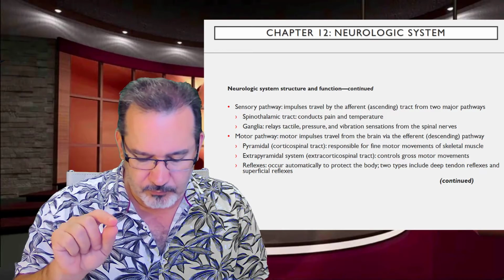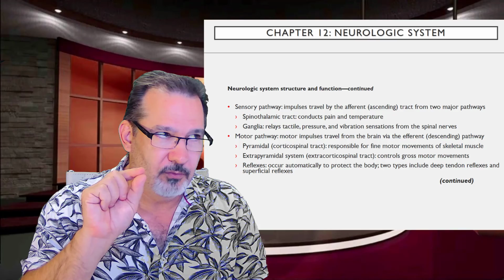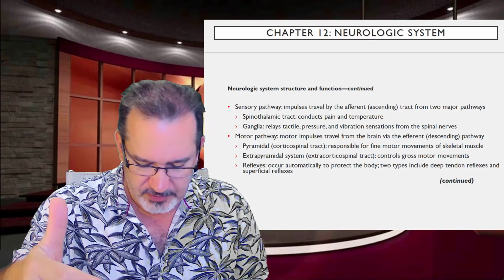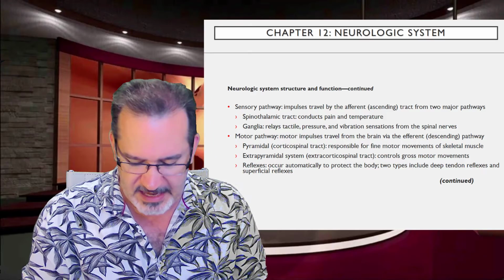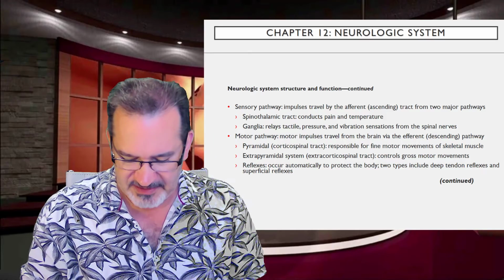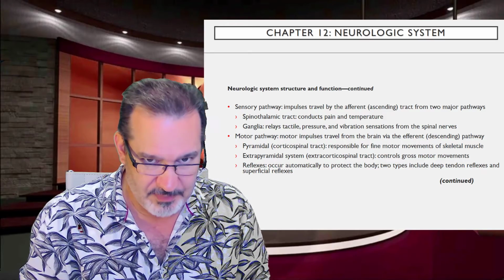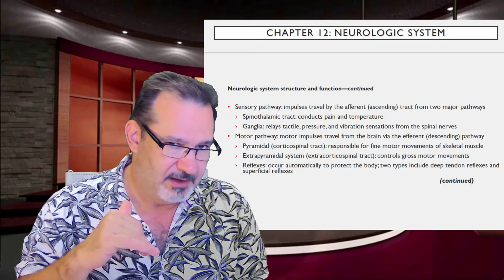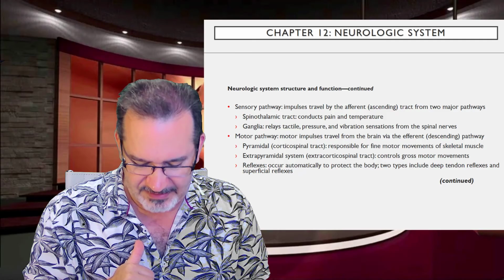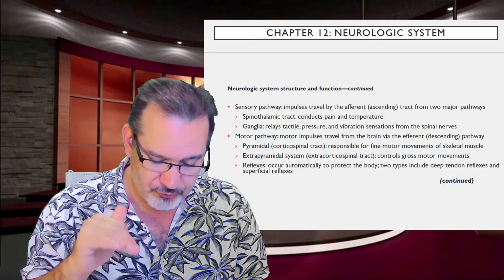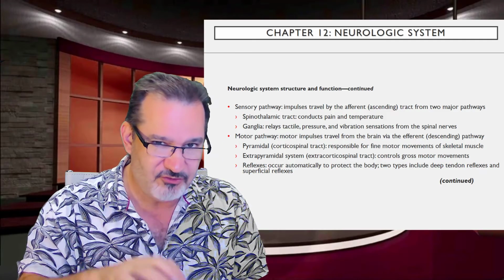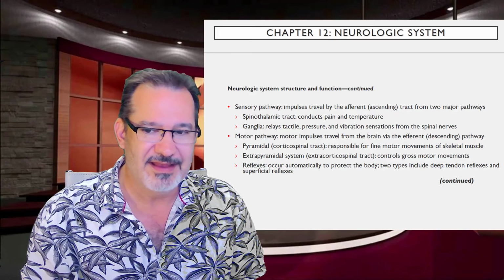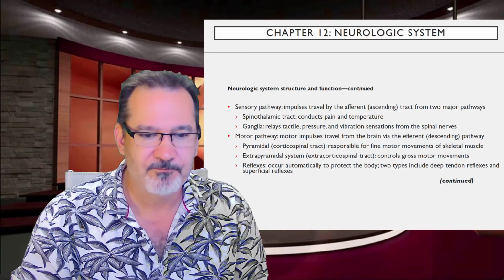Efferent, E-F-F-E-R-E-N-T, are descending pathways. So afferent being ascending, efferent being descending. Motor impulses travel from the brain to muscles, away from the brain, via the efferent pathway.